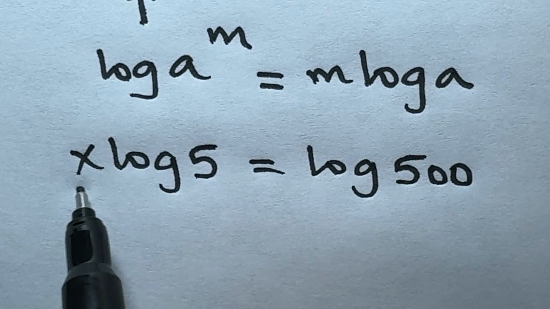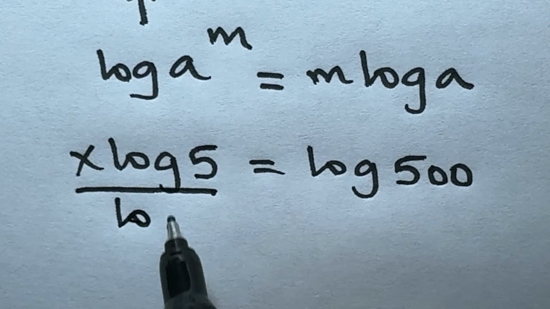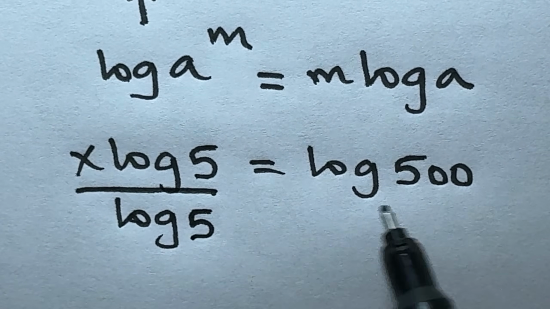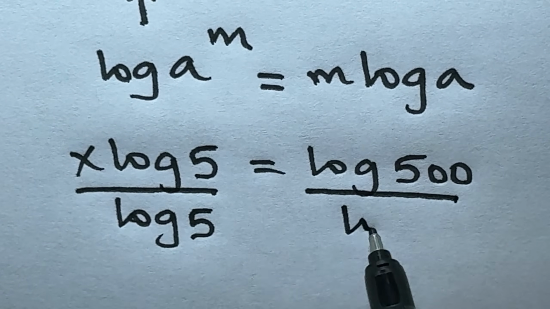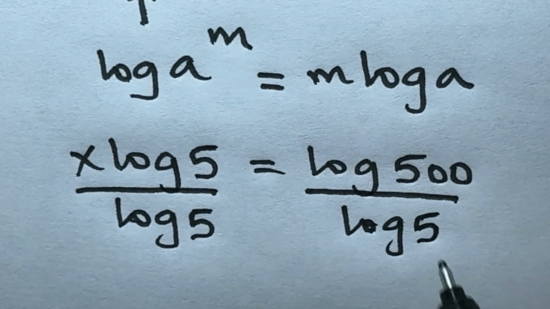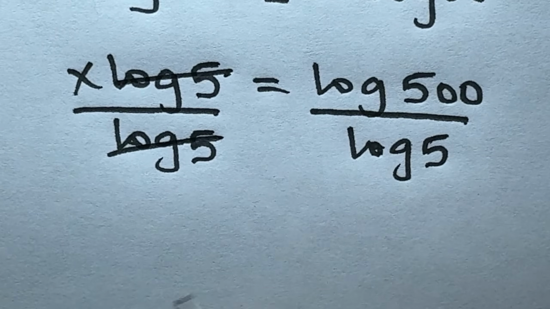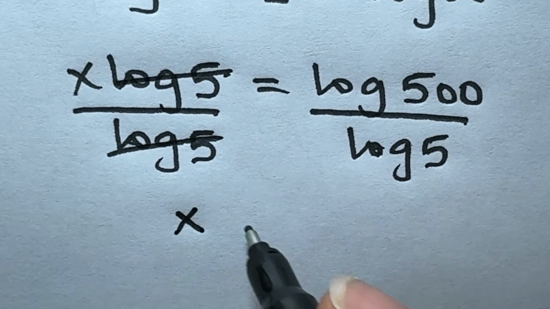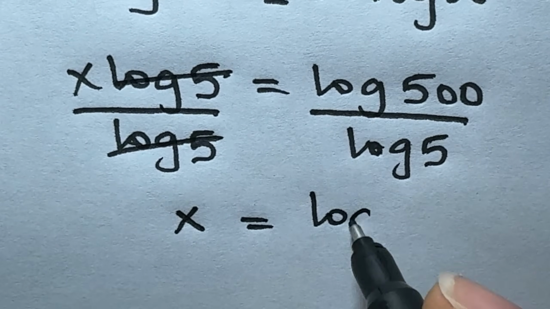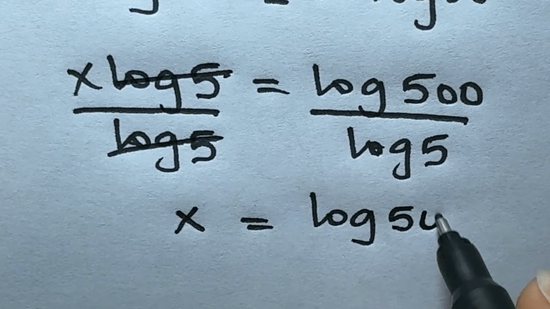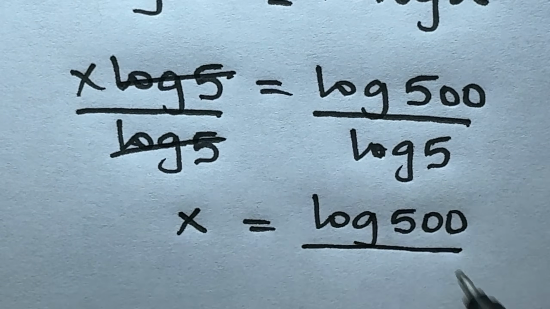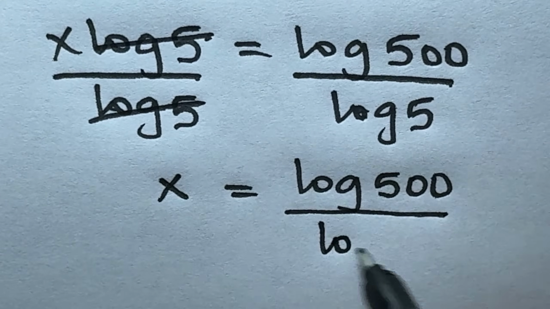I'm going to divide both sides by log 5. And we see log 5 cancels log 5 here. Then we have x is equal to log 500 over log 5.